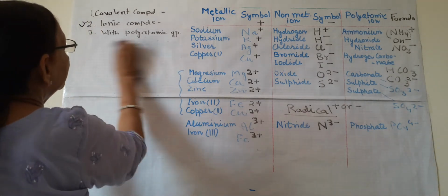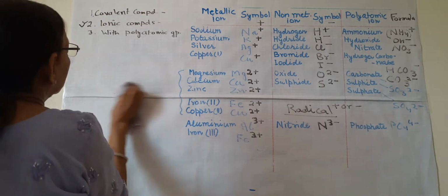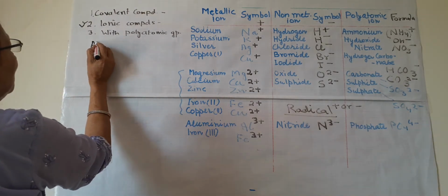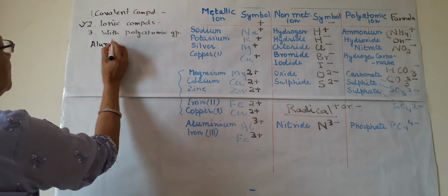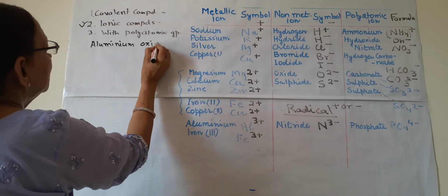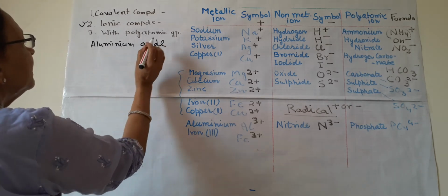Now I am writing the formula of aluminium oxide. Now I am not writing the symbols again and again.